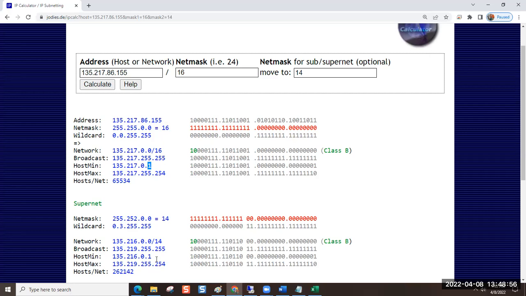Let me repeat that. With this tool, the thing you got to remember is it's not telling you about a gateway. But the gateway is the first usable address, the host minimum address. .1 in this case. Now, look at the number of hosts, 65,534 possible hosts, including the gateway address. So if I subtract the gateway out of there, it's actually 65,533. Does everybody understand what I'm saying?